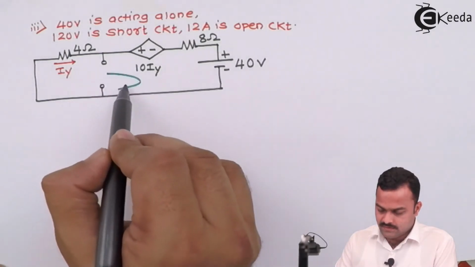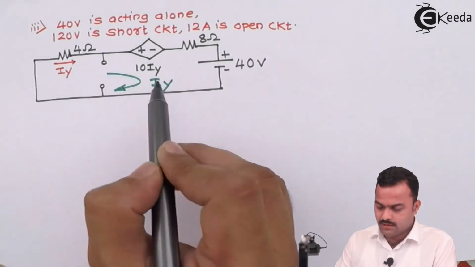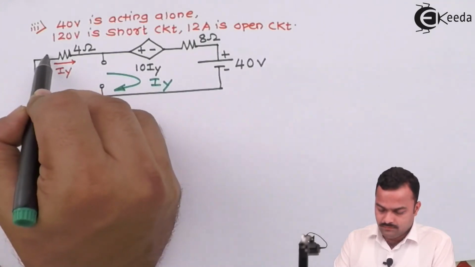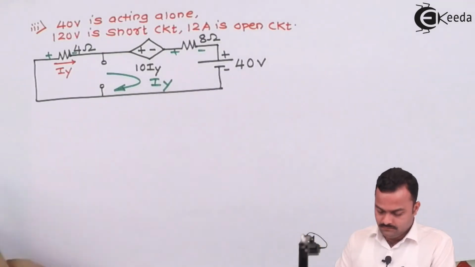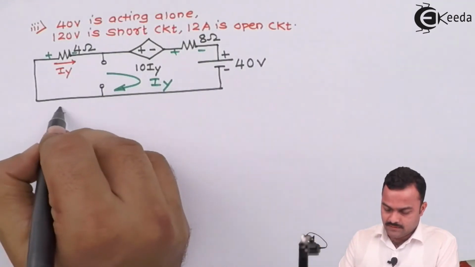Once again, we'll consider only one loop, so IY is that current in the loop with the voltages across the resistors of this polarity. So let's apply KVL to this loop.